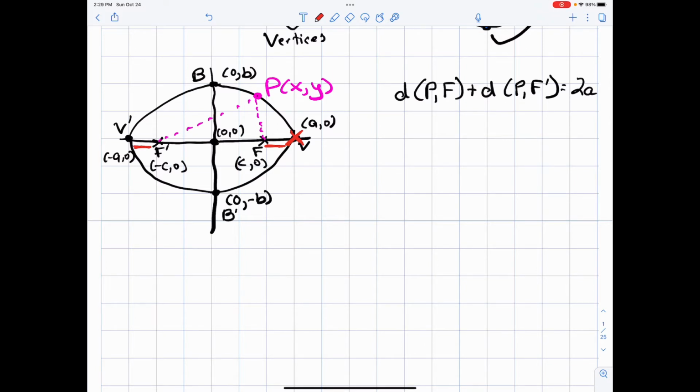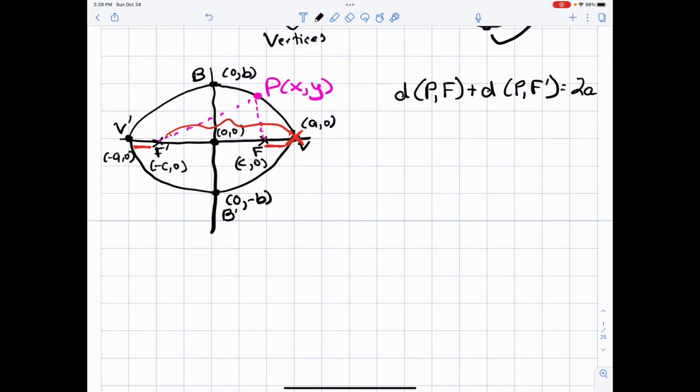And if you added that to the distance from V to F prime, you end up with double the a, or in other words, the length of that major axis there. So it turns out if you pick any point on the ellipse, the sum of the distances to those two foci is going to give you the same as that major axis.